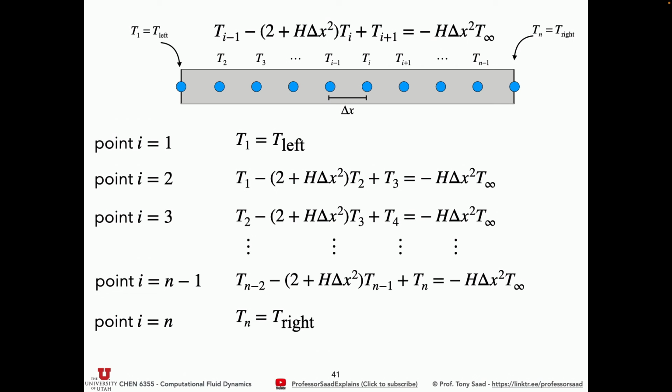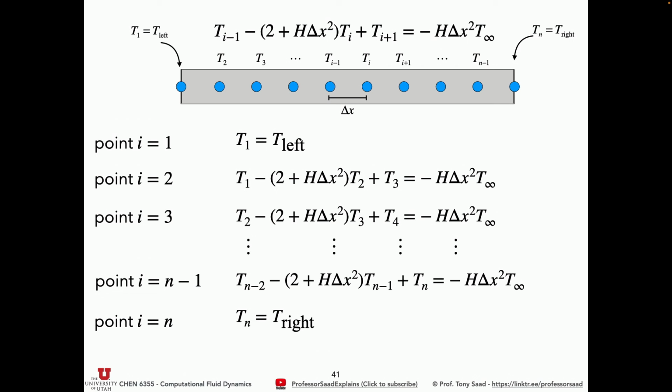Our unknowns are not squared or multiplying each other. They're not under a sine, cosine, exponential, or transcendental function. They just show up with a coefficient, just like when you write a system of equations: ax plus by equals c, and dx plus ey equals g. That's two equations with two unknowns that are linear. This is the same thing: coefficient times T1 plus coefficient times T2 plus coefficient times T3, then coefficient times T2, T3, T4, and so on.